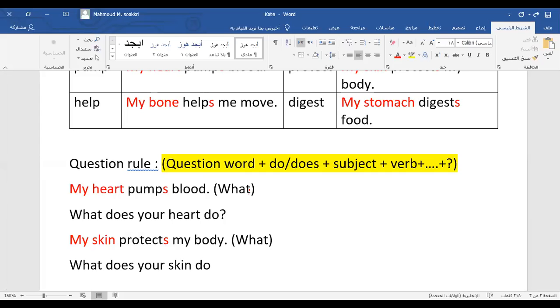Now, sometimes I need to add other words and sometimes I don't need to add other words. Do you think I need to add other words here? Do you think that I need to write more words here in my question? Or this is enough?